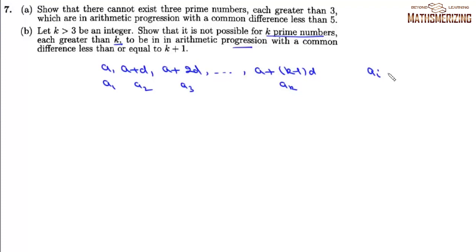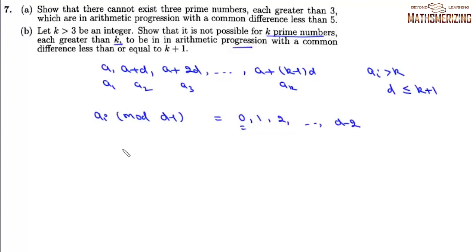Now each ai is greater than k, and d is less than or equal to k plus 1. Now if for each ai we take modulo d minus 1, then 0, 1, 2 up to d minus 2 must represent a full system of residues for all i's.